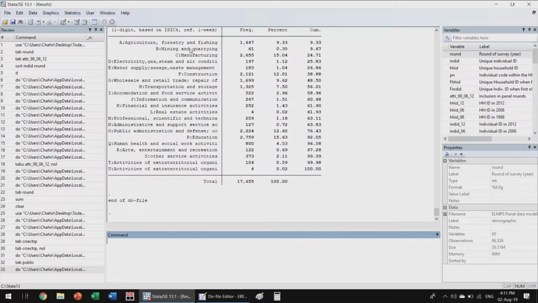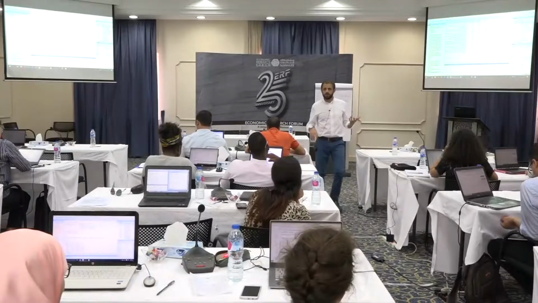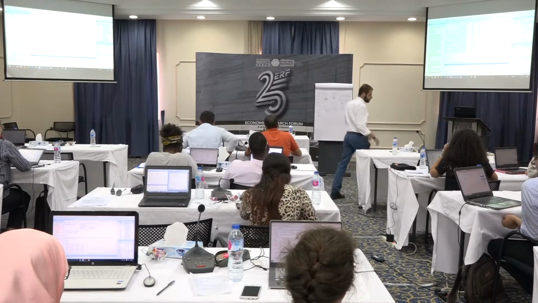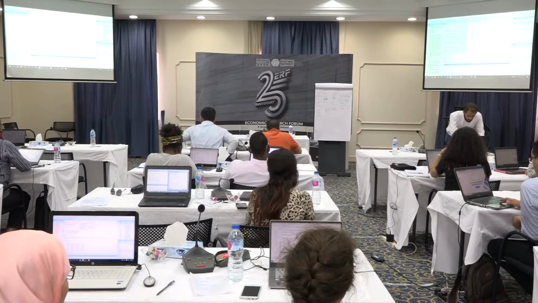So economic sector is public-private, but economic activity is the activity of production itself: agriculture, industry, or services. Okay? Why are we looking at all these variables? Because all these variables will be useful when we start doing the empirical work. Okay? Any question? Anything that's not clear in the do file?